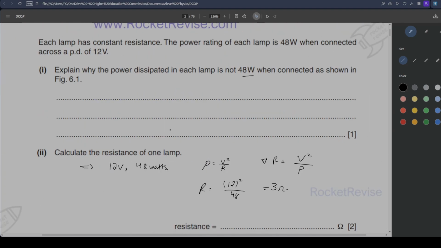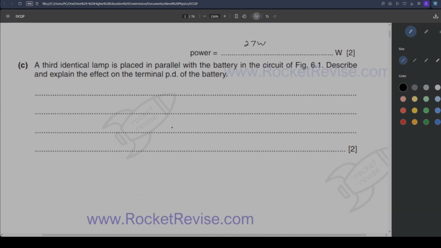So that's what we need to write over here. A third identical lamp is placed in parallel with the battery of the circuit, and the effect on the terminal potential difference: adding an identical lamp decreases the circuit resistance, hence more current flows.